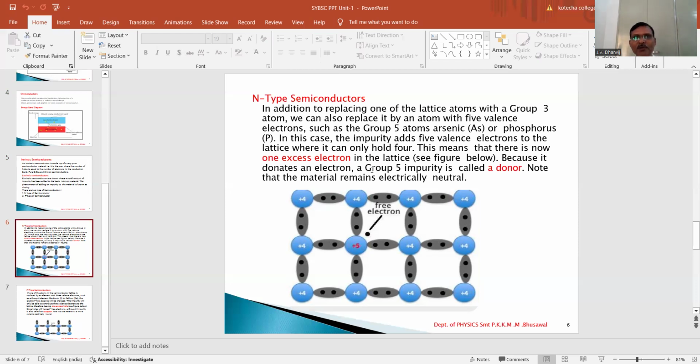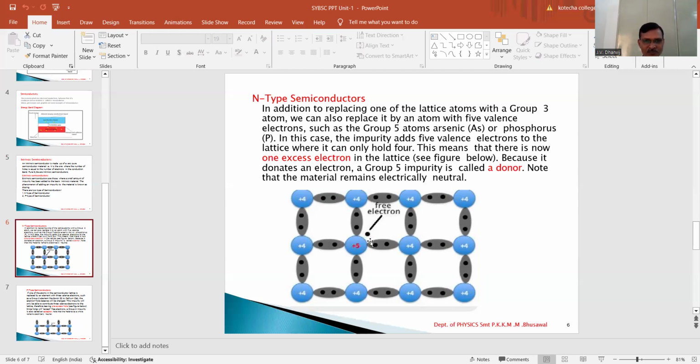In a pentavalent impurity, there are 5 valence electrons in the outermost orbit. So 4 covalent bonds are made here, but 1 electron is in excess. That is the free electron. This excess electron is the free electron.